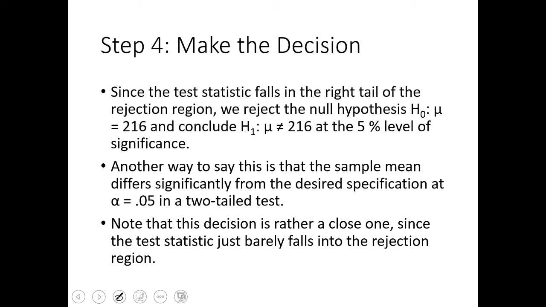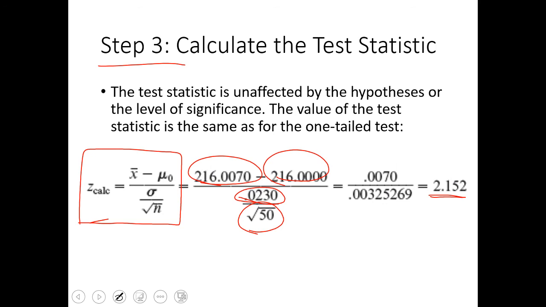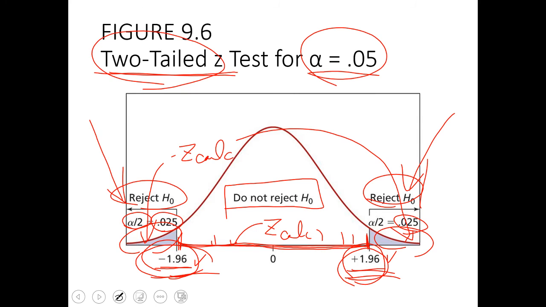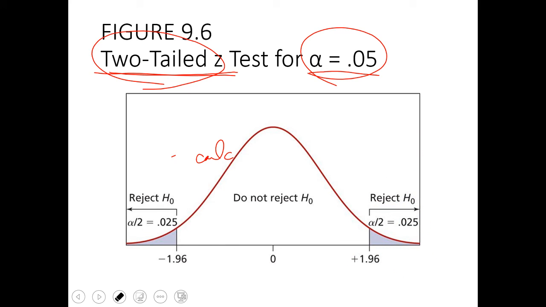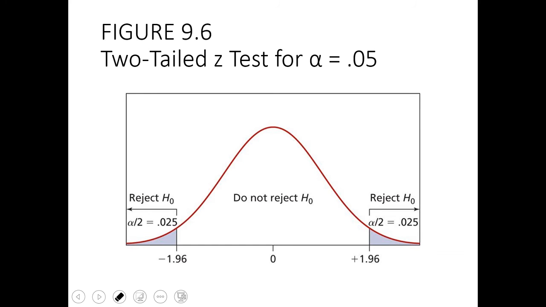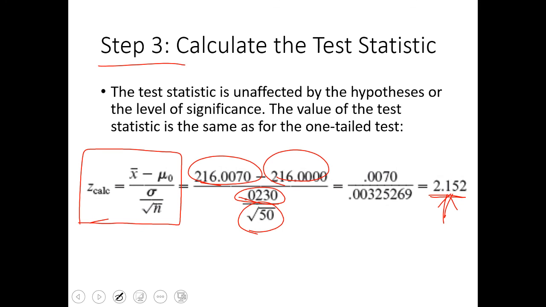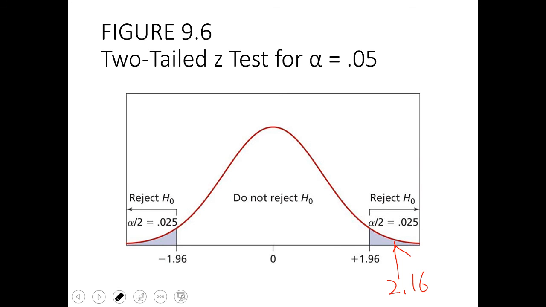And as you know, this 2.152 is again located in the rejection area. 2.152, I'm sorry, 2.152 is in this area, the right tail area.